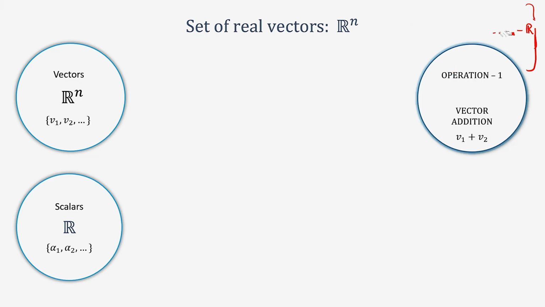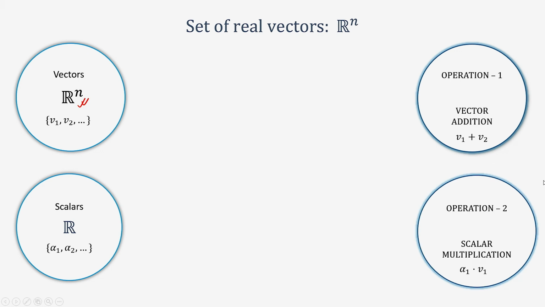One is called vector addition, which means I take two or more elements from this set of Rn vectors and add them up. The other operation is called scalar multiplication, where I take one element from the scalars and one element from the vectors and multiply them.